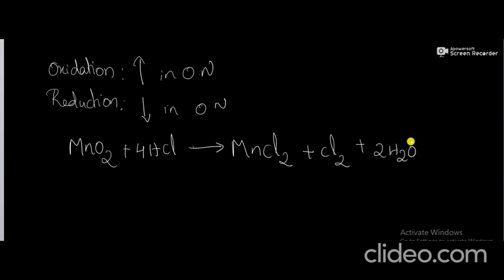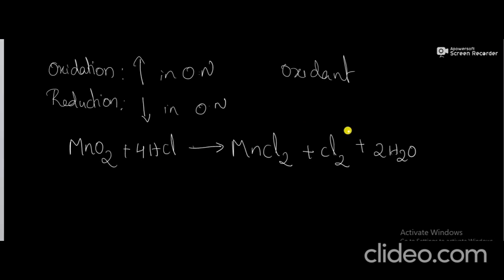A substance which brings about an increase in the oxidation number of an element in another substance in a reaction is called the oxidizing agent or oxidant. So the oxidant helps to increase the oxidation number of an element, whereas a reducing agent or reductant helps to decrease the oxidation number of an element.